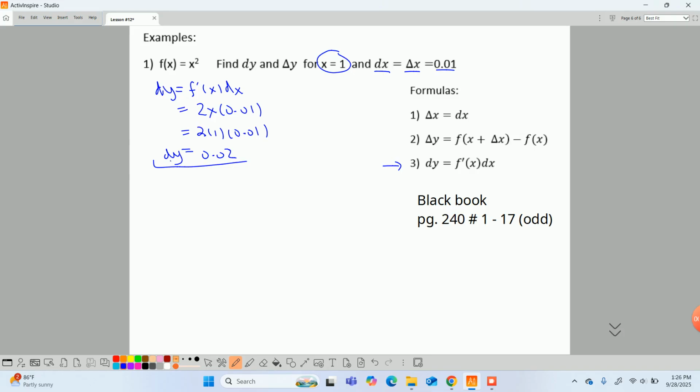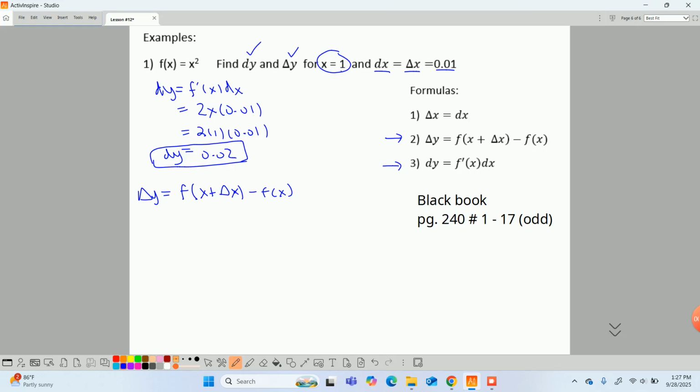Now this might come up in another one of our formulas, but I don't believe it does. So we had to find dy, which is done, but we also have to find change in y, so let's work on that one. That's this number 2 formula that I have here. The formula says change in y equals f of x plus change in x, minus f of x. I'm going to start by plugging in everything I have.